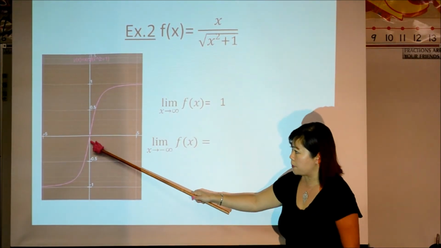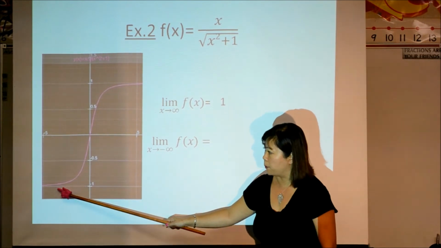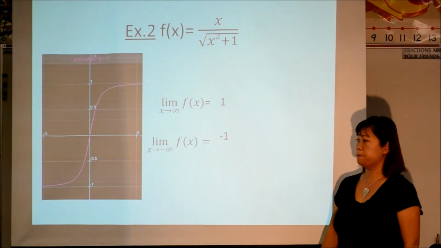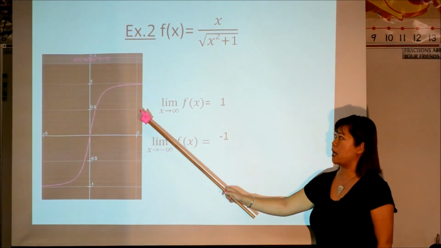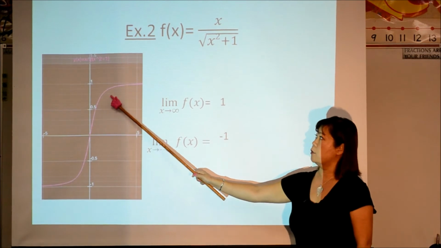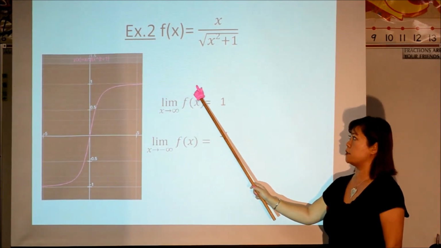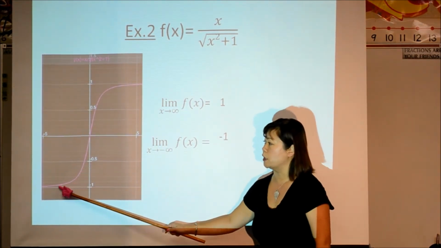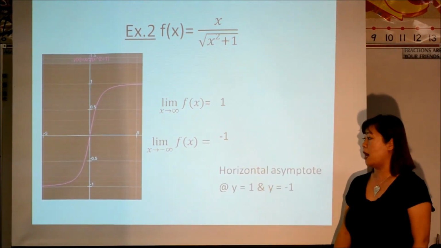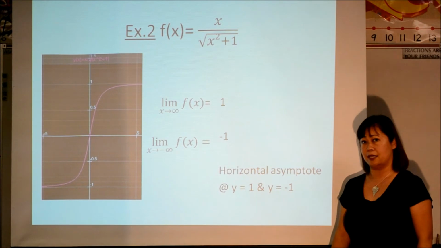The y number of this right here is approaching negative 1 in this case. And so then when we have the asymptotes for this, we actually have two asymptotes, because this one right here will settle really, really close to positive 1, and this will settle really, really close to negative 1. So in this case, we have horizontal asymptotes at y equals positive 1 and negative 1.